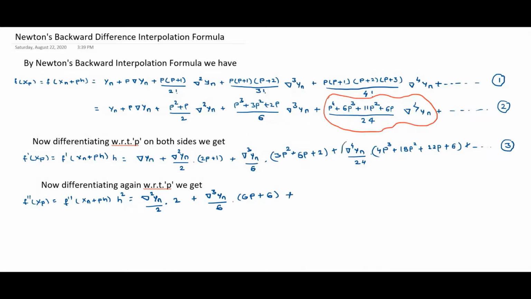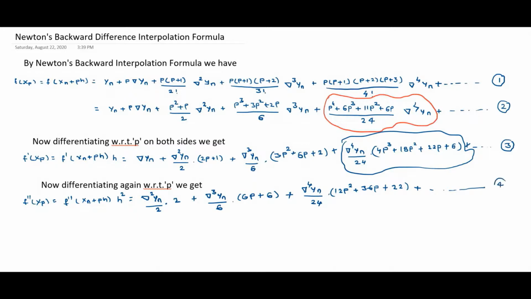Now we have to differentiate this last term. So if we differentiate this last term, here the constant term is del raised to 4 yn divided by 24 into differentiation of 4p cube is 12p square plus differentiation of 18p square is 36p plus differentiation of 22p is 22 plus differentiation of 6 is constant, that is equal to 0 plus and so on, and say this is equation number 4.